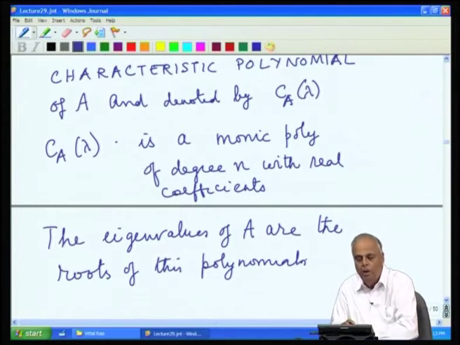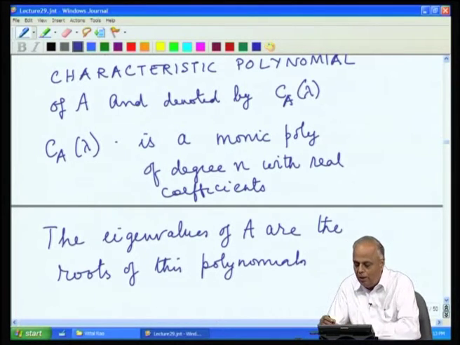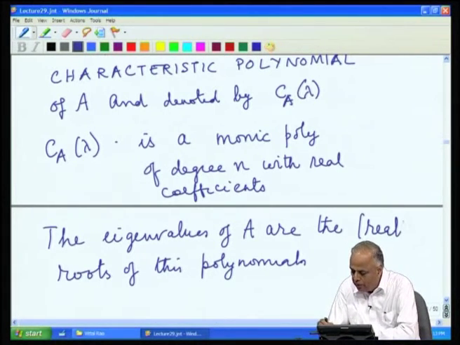When we are looking for eigenvalues of A over the real numbers, we are looking for real eigenvalues, and therefore for the real roots.